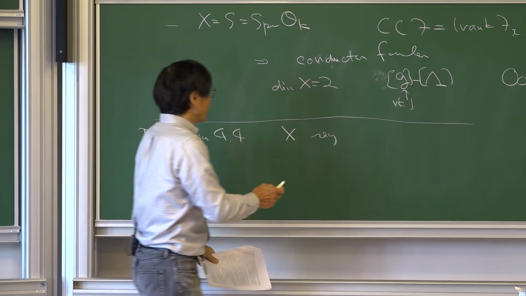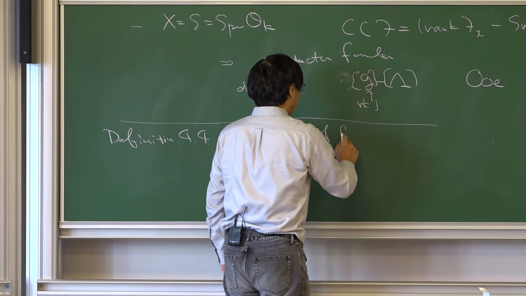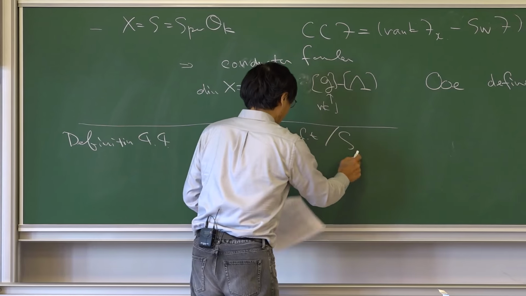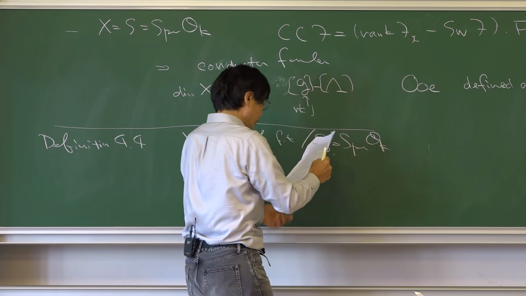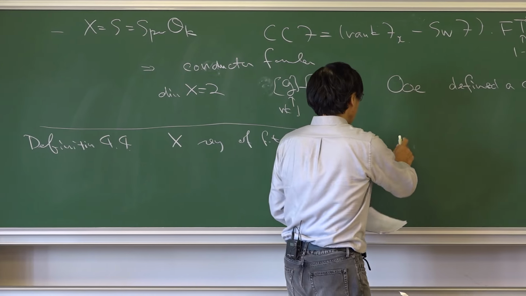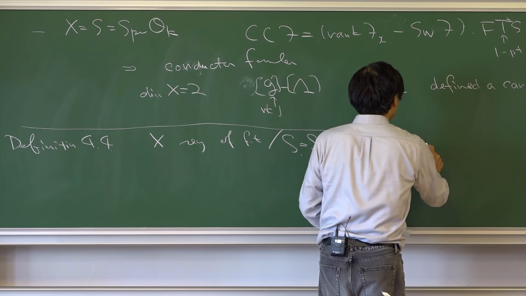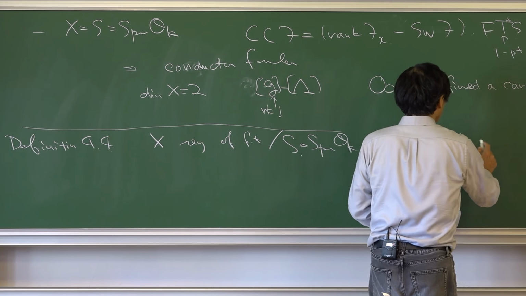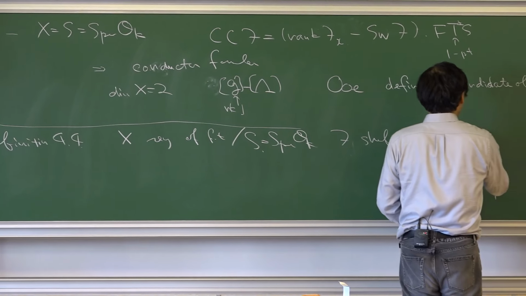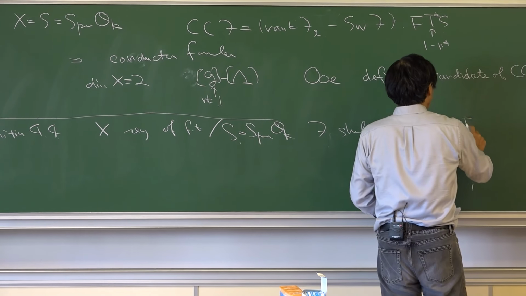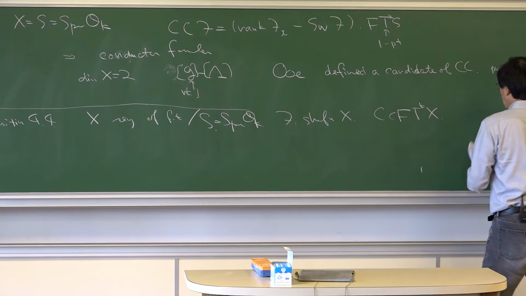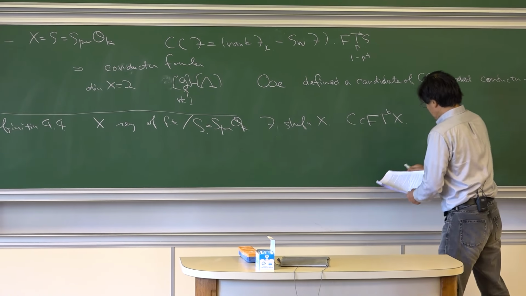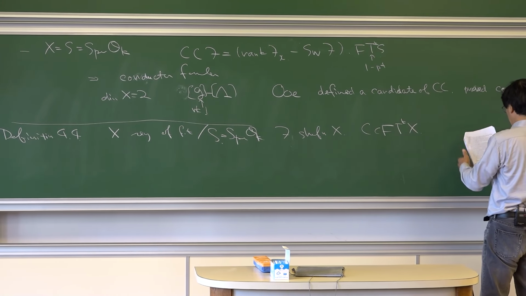Okay, so X regular of finite type over S, and F a sheaf on X and C a closed conical subset, as before.